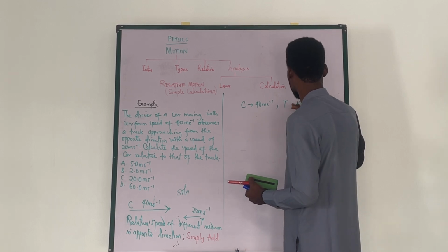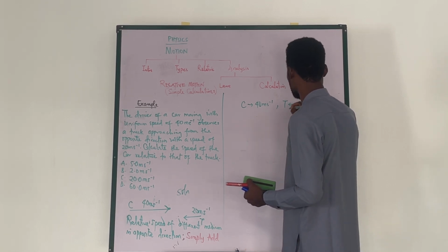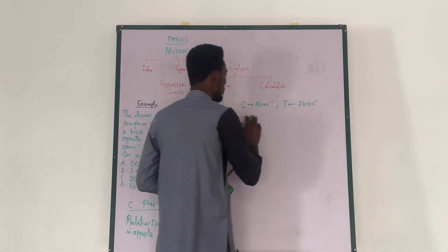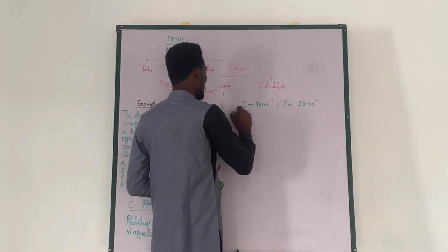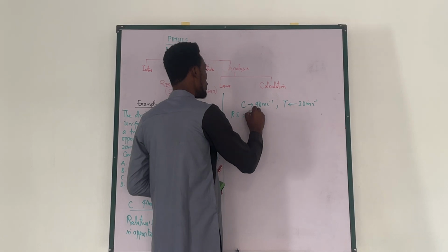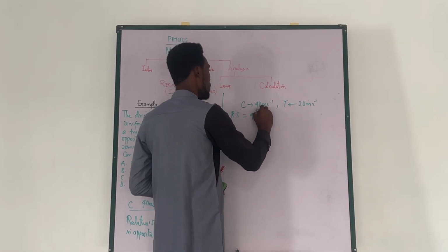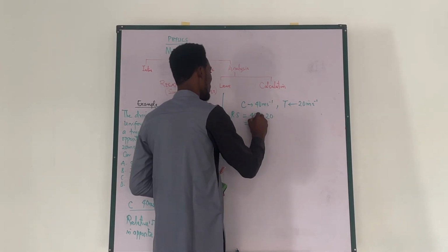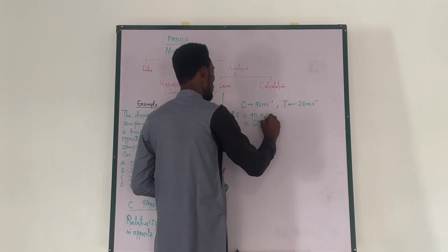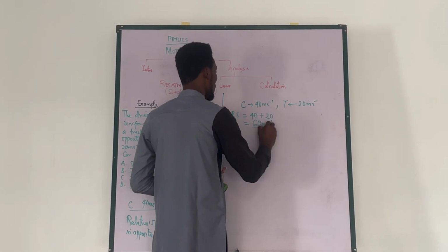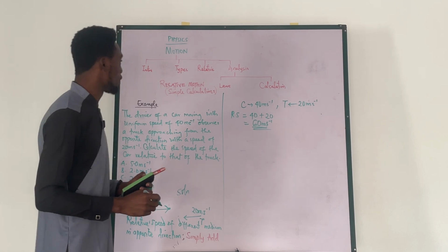I like to put the direction in the opposite way so we can know that it's opposite direction, right? So simply, relative speed is equal to 40 plus 20, and the answer is 60 meters per second. And that's that. And I believe this is so clear.